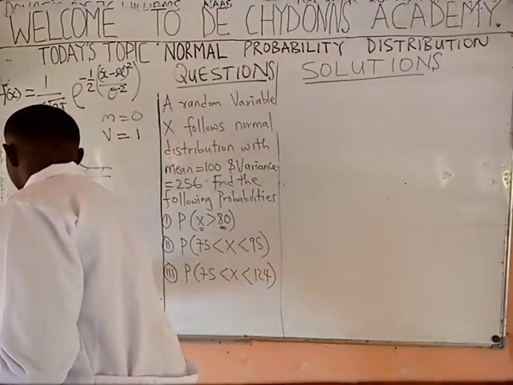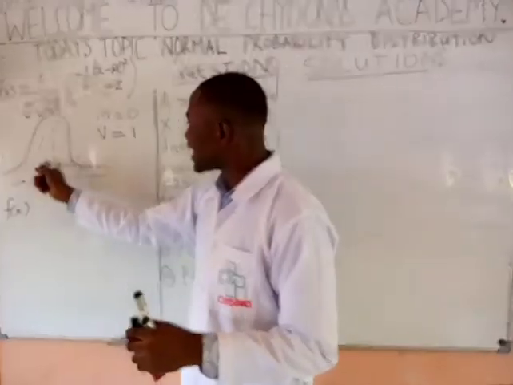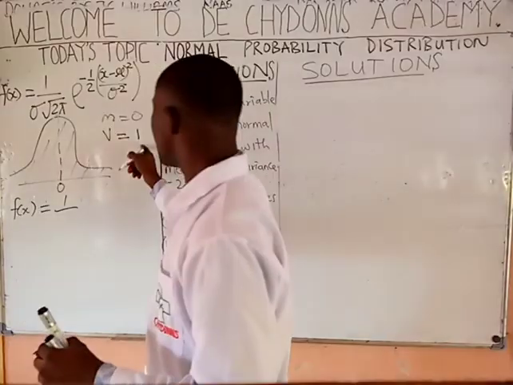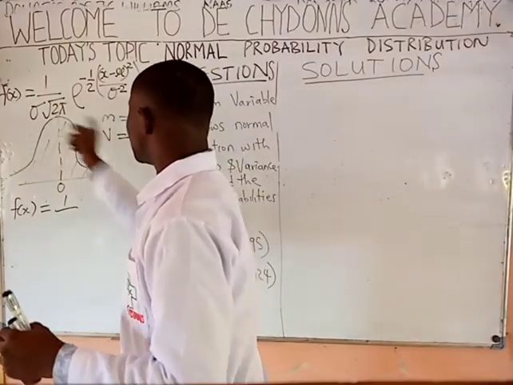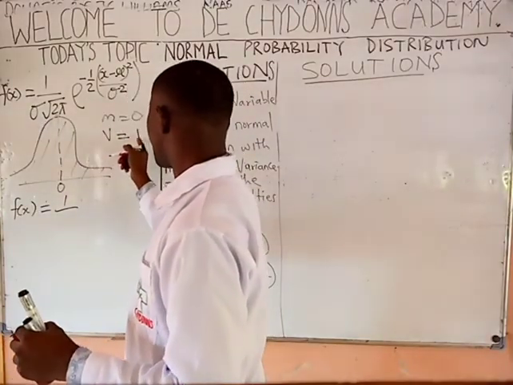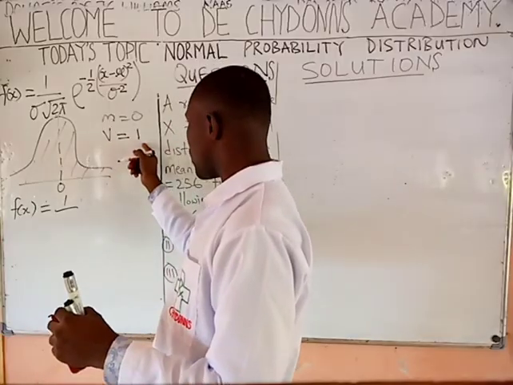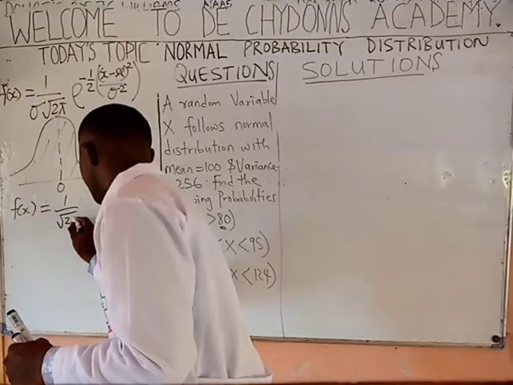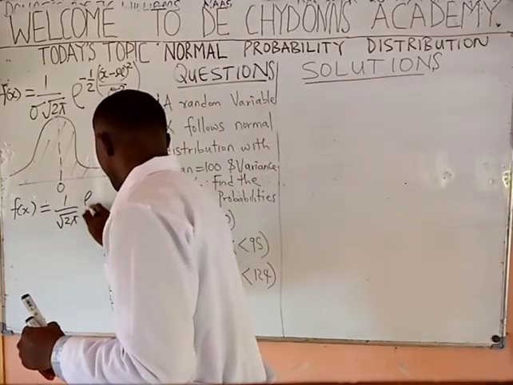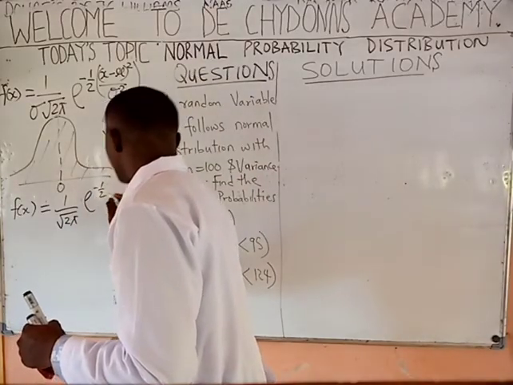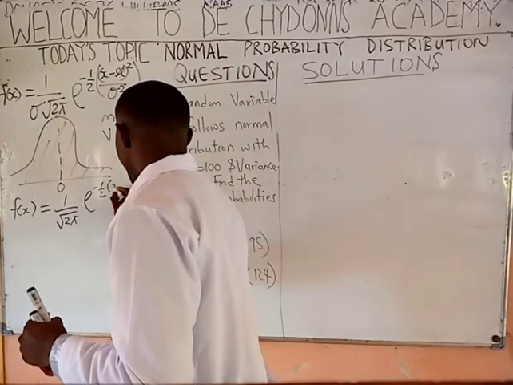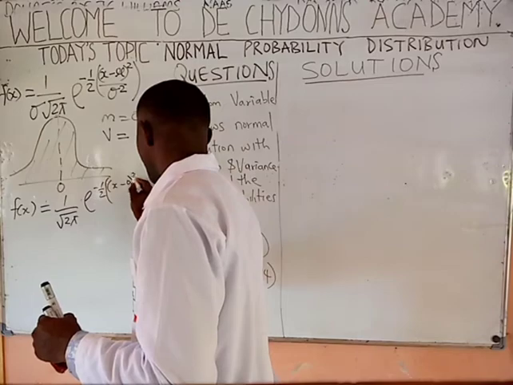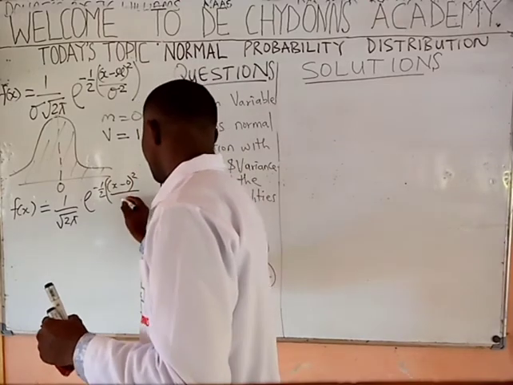F of x will be equal to 1 over, the standard deviation, which will also be 1 since the variance is 1, so 1 over square root of 2 pi, then exponential minus 1 over 2 times x minus your mean, which is 0, all squared, all over the variance, which is 1.